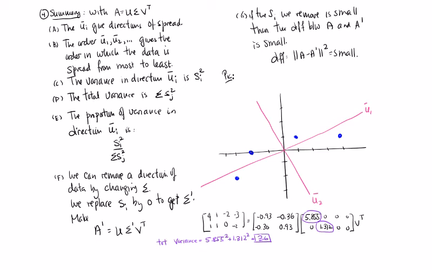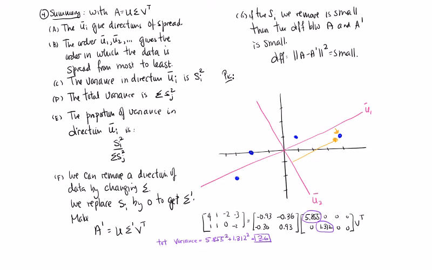Now, if we look in each of the directions, so for example the U1 direction, let's focus on the rightmost point on the screen. So that has a variance in this direction. This is the variance in the U1 direction. This is the variance in the U2 direction. Now, each point has that same feature.